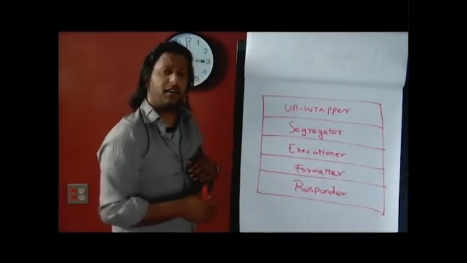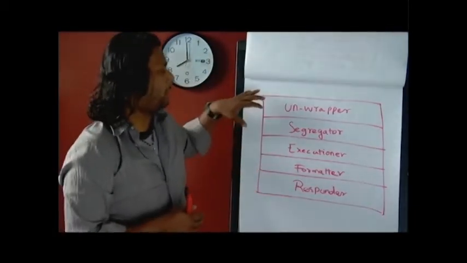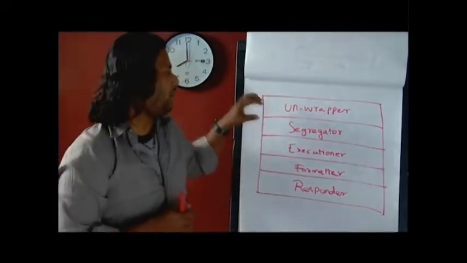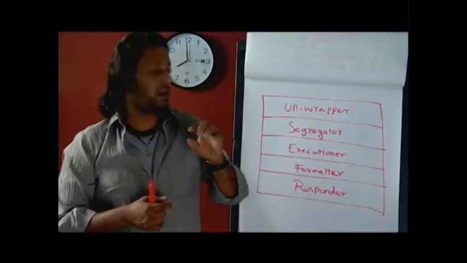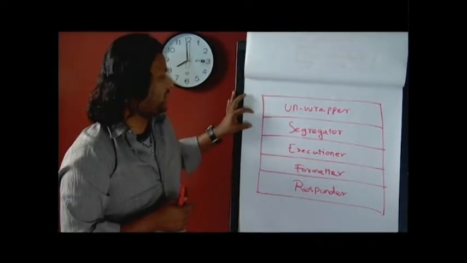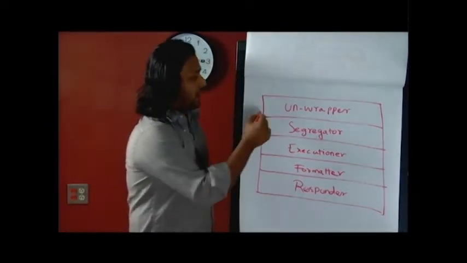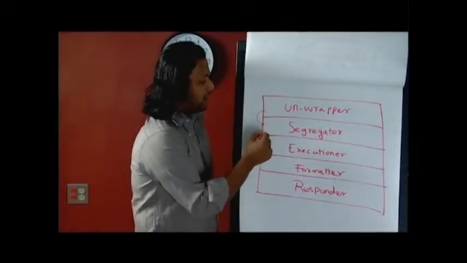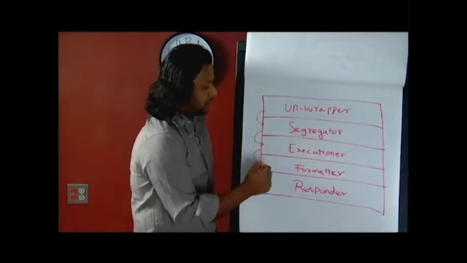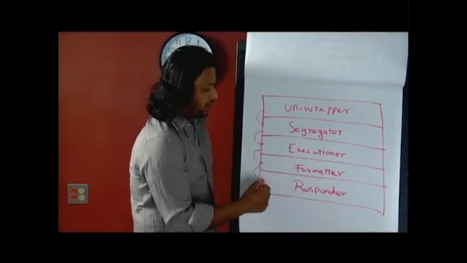Each one plays a critical role because the modules are independent of each other, where they do a handshake, and each module has validation checkpoints.